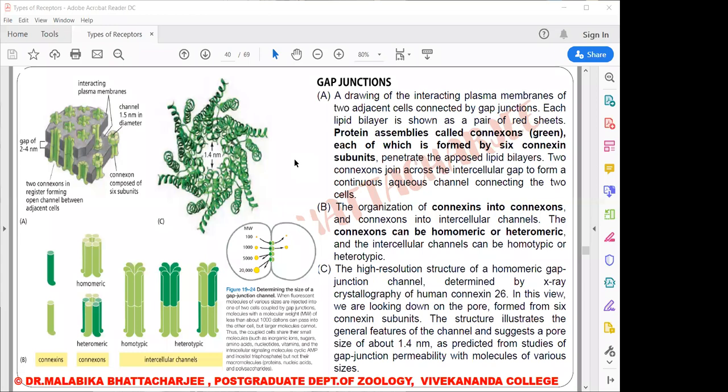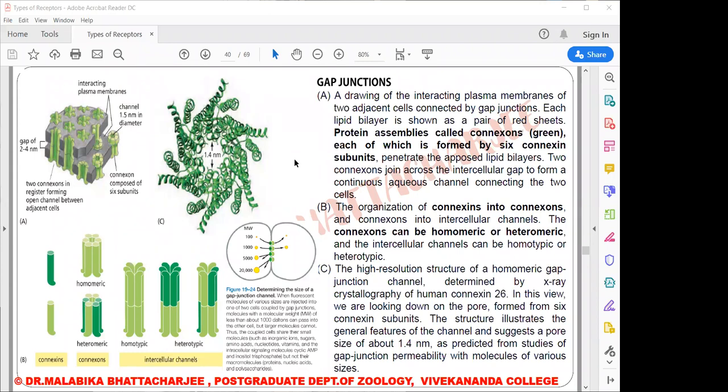If there is an intracellular rise in calcium level, that might be due to a prior signaling event, because we have studied signal transduction. Via an earlier signal transduction event, if there is an intracellular rise in calcium ions, then the permeability varies.